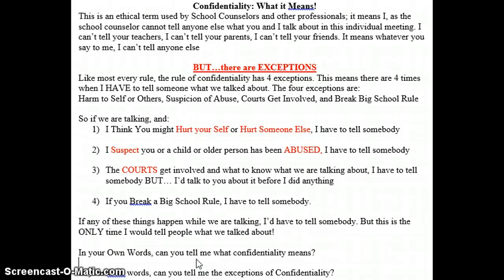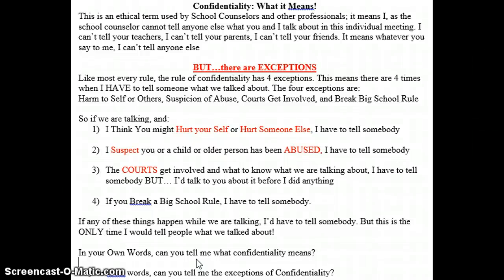So for each grade level, a big school rule is going to be different. So for example, in the elementary school level, it might be bullying, because bullying is a big issue at that level, and there's also legal issues that have to be followed.